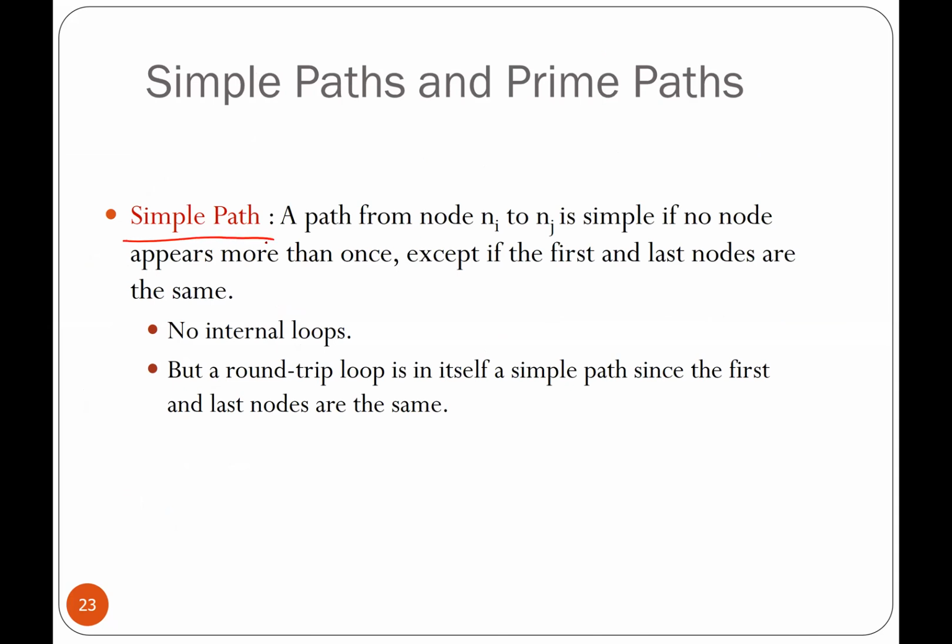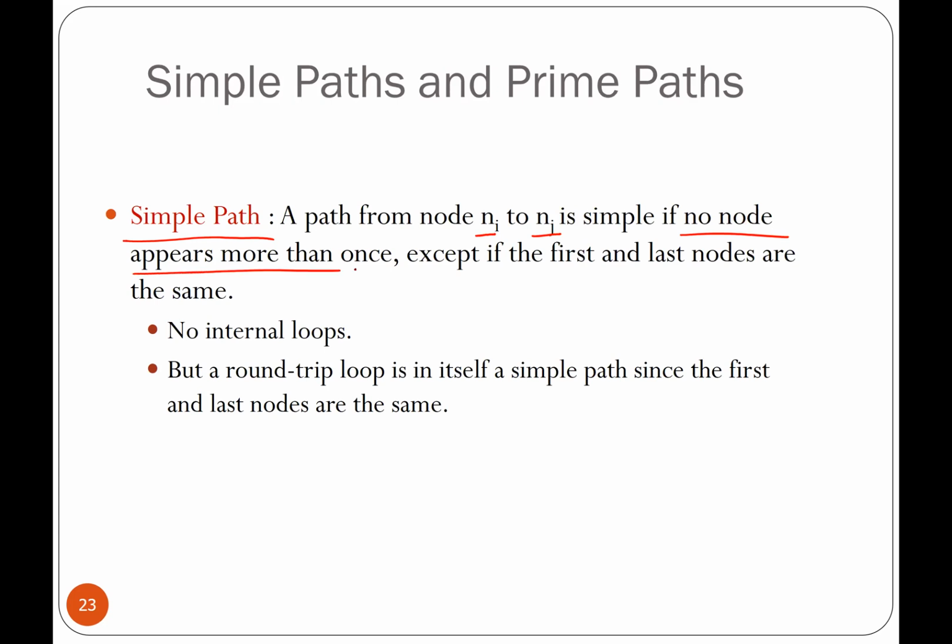Very, very important. I need you to pay very close attention to what I'm about to say. A simple path is a type of path. Path is the most generic thing, but a simple path is a path from a start node to an end node, not necessarily the initial node of the graph, just any node to an end node, not necessarily the final node, but it's a path in which no node appears more than once.